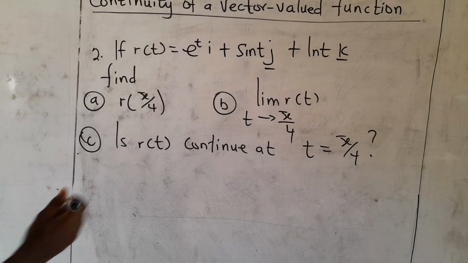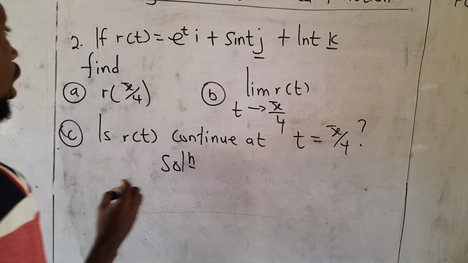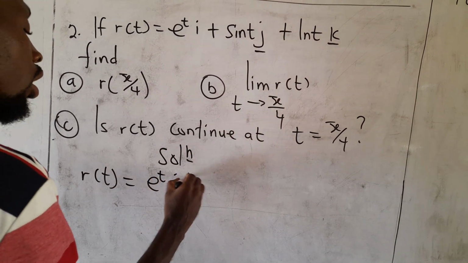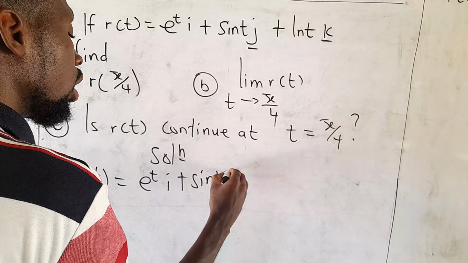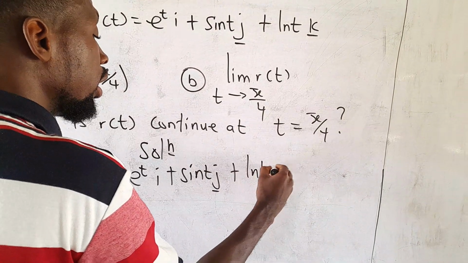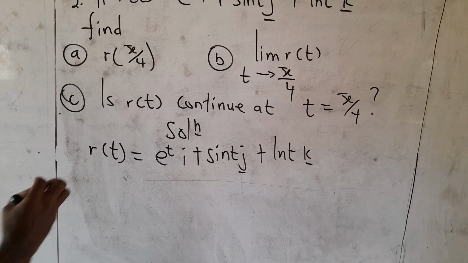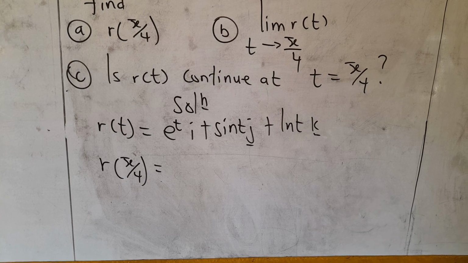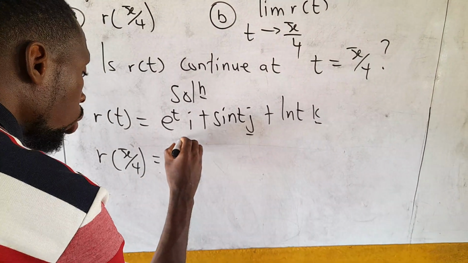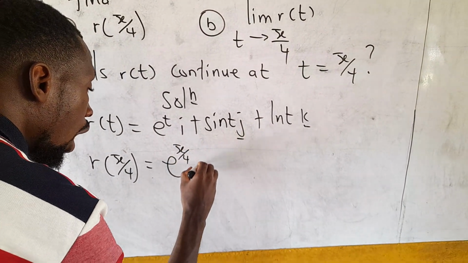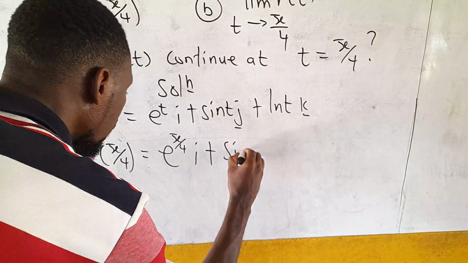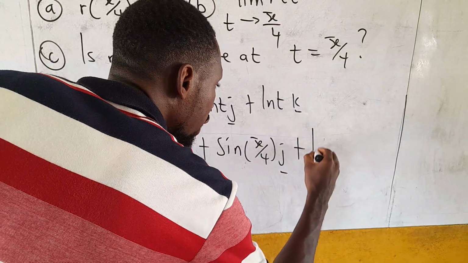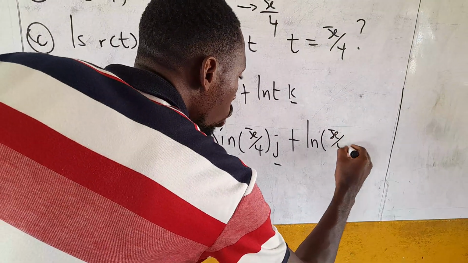So remember, our r of t is equal to e^t i plus sine t j, then plus ln t in the direction of k. Then we can find our r of pi over 4. That will be equal to e^(pi/4) i plus sine pi over 4 j plus ln pi over 4 k.